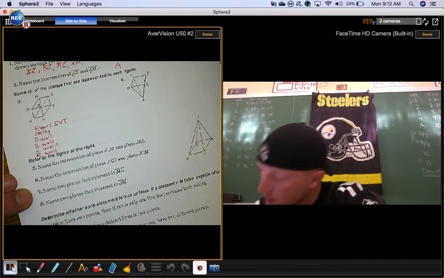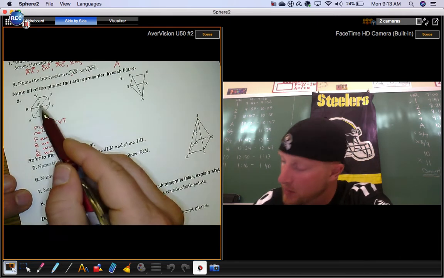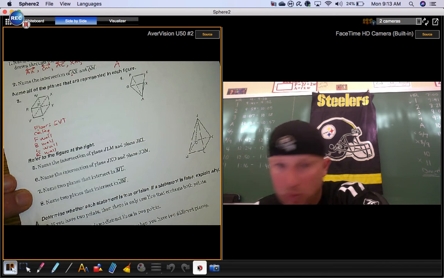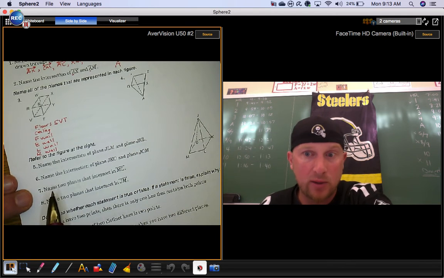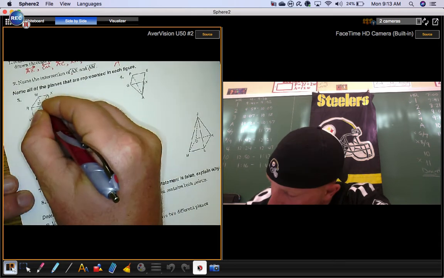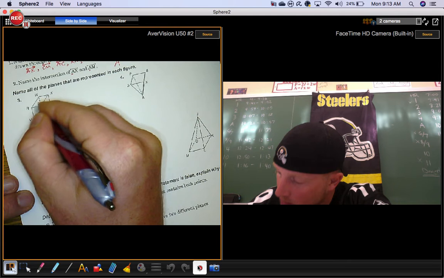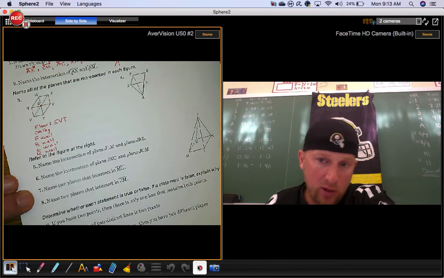Actually, something's going on here. Where does point S live? Let's back up a second and look at the diagram, because I think they are a point short on the diagram. I should have fixed this a long time ago, but I didn't. I'm thinking point S might be this point up here on the ceiling and on the front wall and on that left wall or that right wall over there.